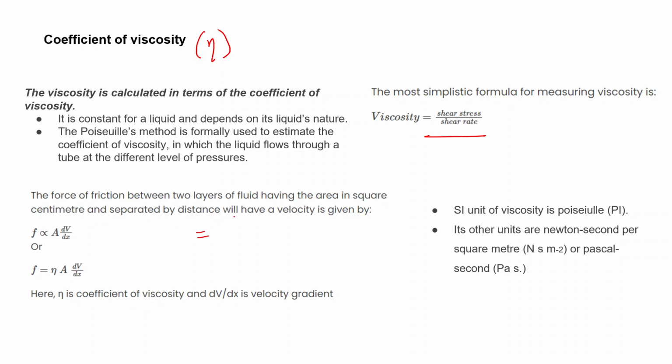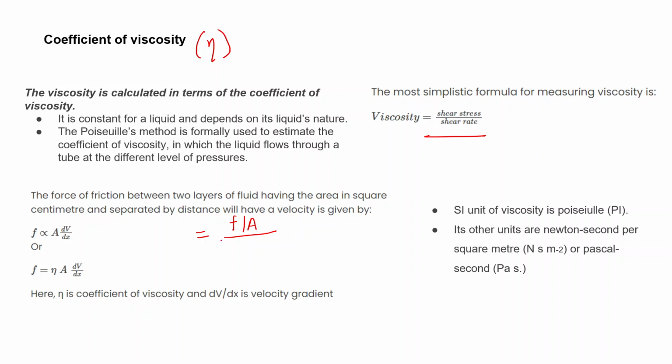Stress is force per unit area. If I denote force by small f and area by capital A, then this is the shear stress that causes the change in shape or the flow of the fluid.